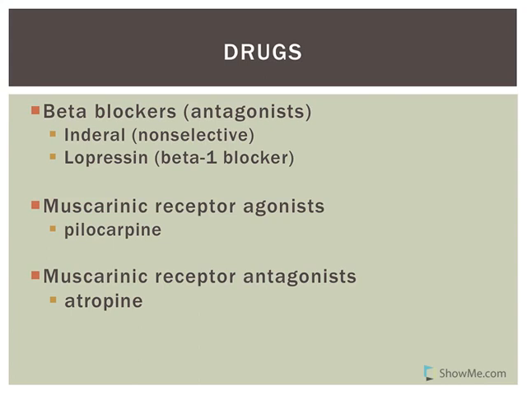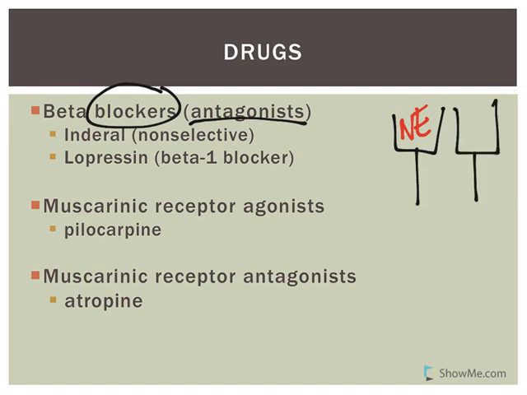Now, if I use the term antagonist, another term they use is a blocker. What I'm referring to, so if this, say, is a receptor, and we'll say it's supposed to bind norepinephrine. If I have a medication that's actually a receptor antagonist, I have a medication that will bind to it, but actually block norepinephrine from binding to it, and it will not be able to be stimulated by norepinephrine.